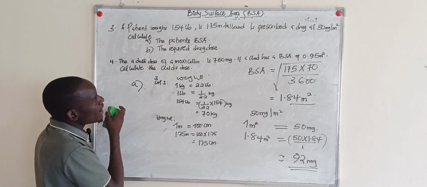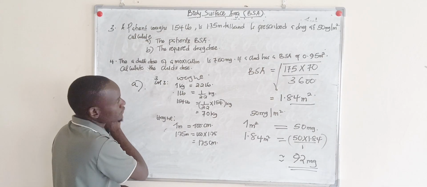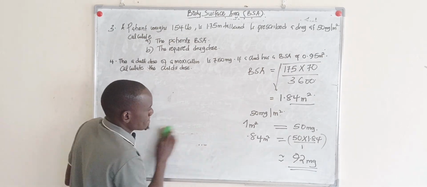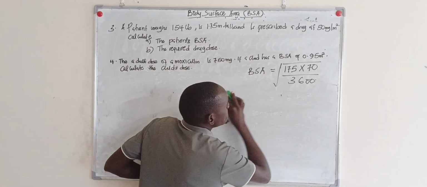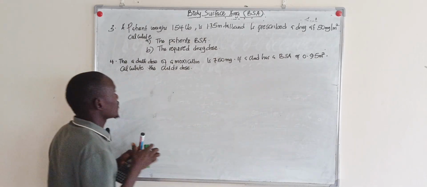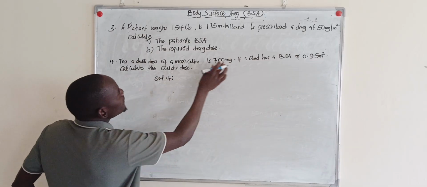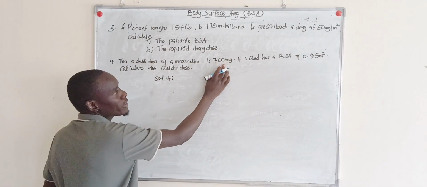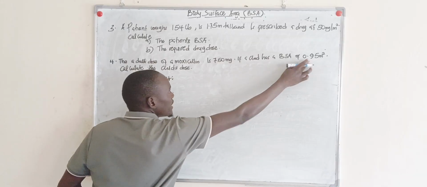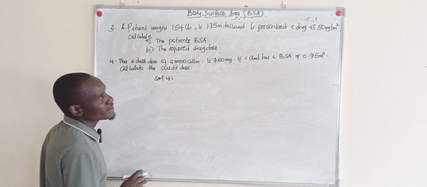Let's look at our fourth example. Solution 4. They have given us the adult dose of amoxicillin, and they have also given us the body surface area.